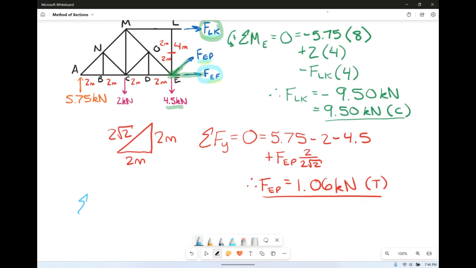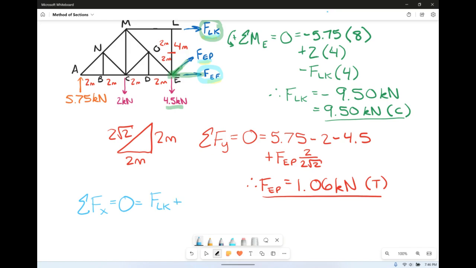So sum of the forces in the x direction, set it equal to 0. AX was there, but AX was 0, so he really doesn't matter. So all we have is force LK. He's positive in the way that we drew it, so we're going to leave him as a positive value. When we plug him in, we're going to plug in the -9.